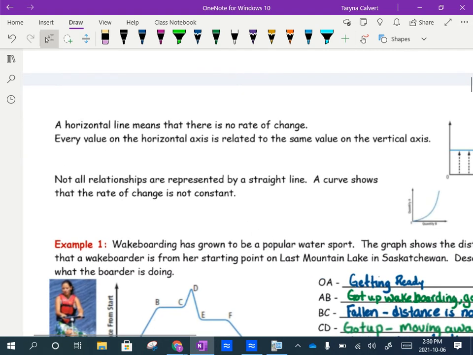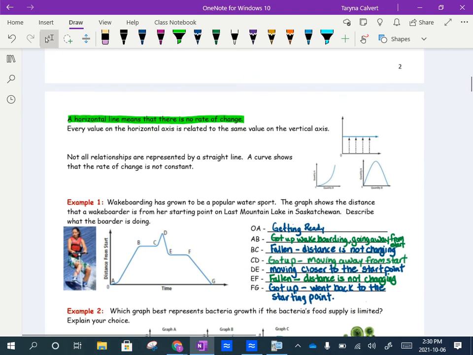Okay. And this one you guys have seen in the graph already. A horizontal line means that there is no rate of change. Have you guys discussed rate of change as slope as well? Rate of change is another way to describe slope. Okay. So there's no rate of change, right? So time, right?